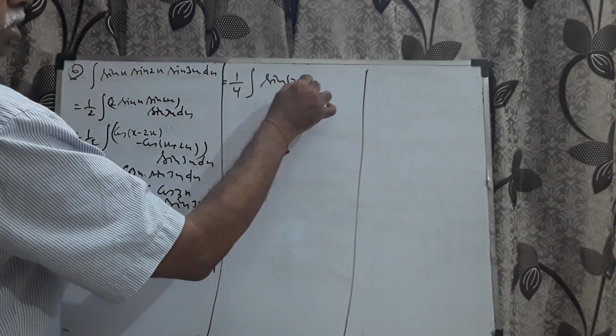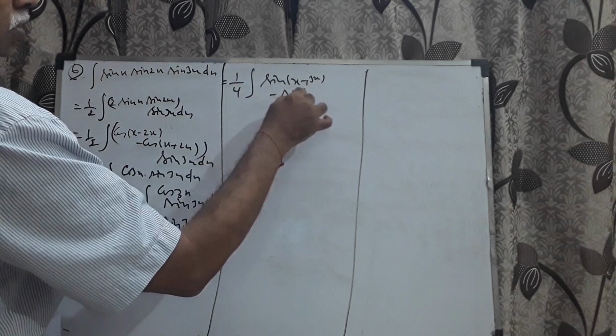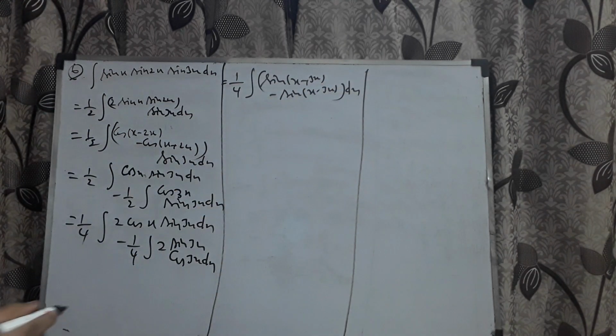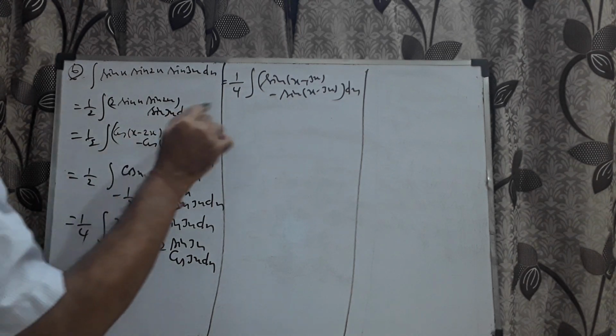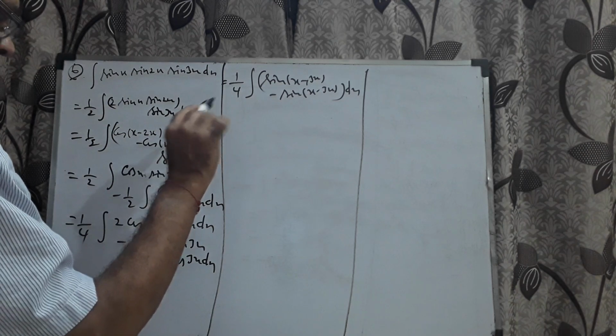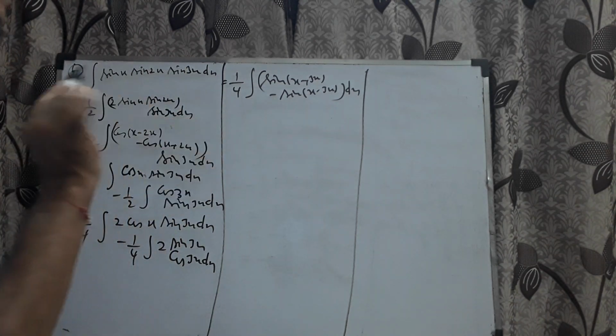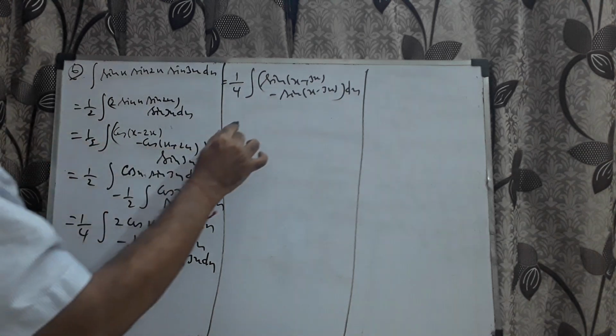Sin x plus 3x minus sin x minus 3x dx. Am I right? Check once again if you want. If anybody is copying down, better you check and then copy down, or just listen to the steps carefully.